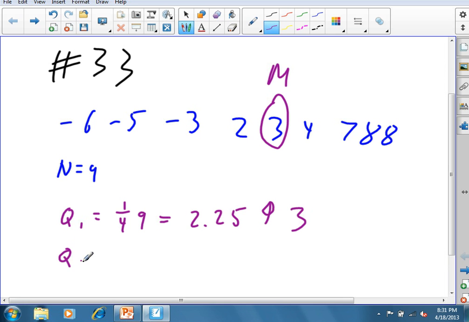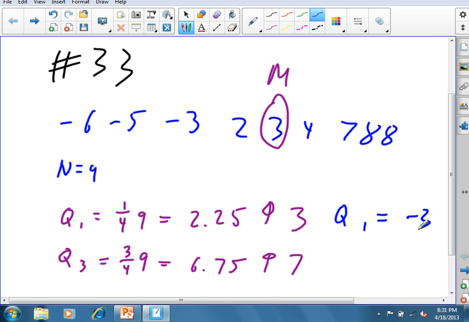And the third quartile is going to be at 75% of 9. 6.75, which we're going to round up to 7. That being the case, the first quartile is third guy in, 1, 2, 3, minus 3. And the third quartile is the seventh guy in, 1, 2, 3, 4, 5, 6, 7, for a 7.